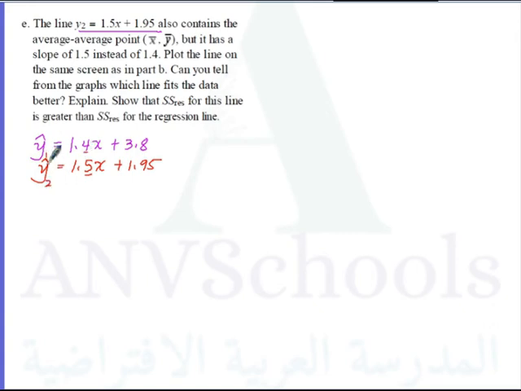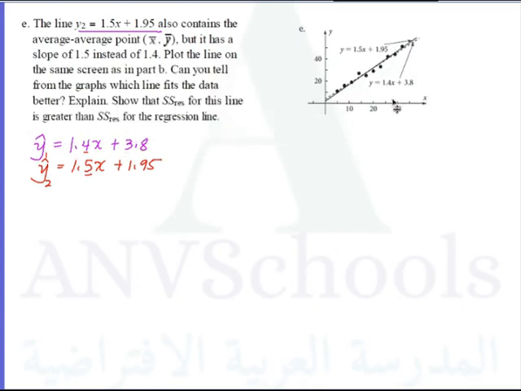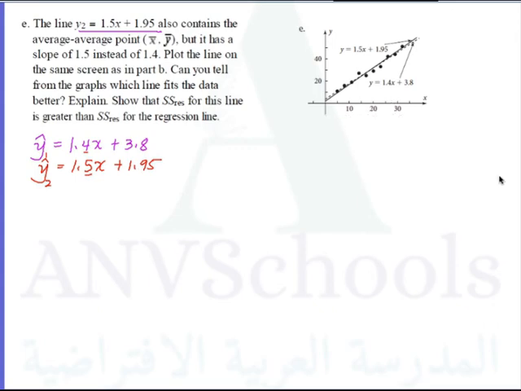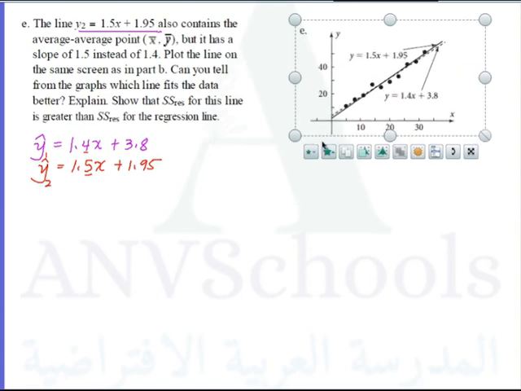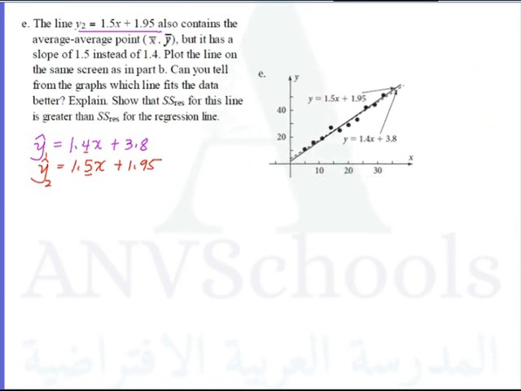Plot the line on the same screen as in part B, and can you tell from the graph which line fits the data better? Let's see. Now this is the graph of this equation, y equals 1.5x plus 1.95, plotted on the same screen as the original y1, 1.4x plus 3.8.